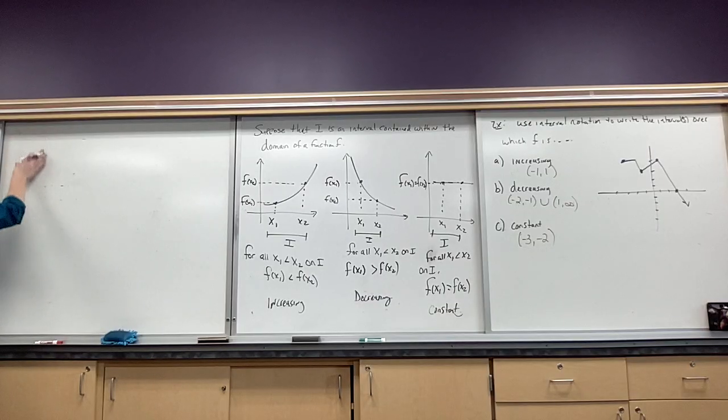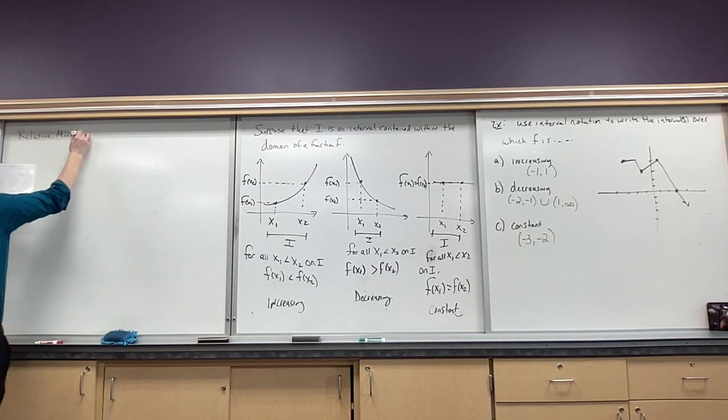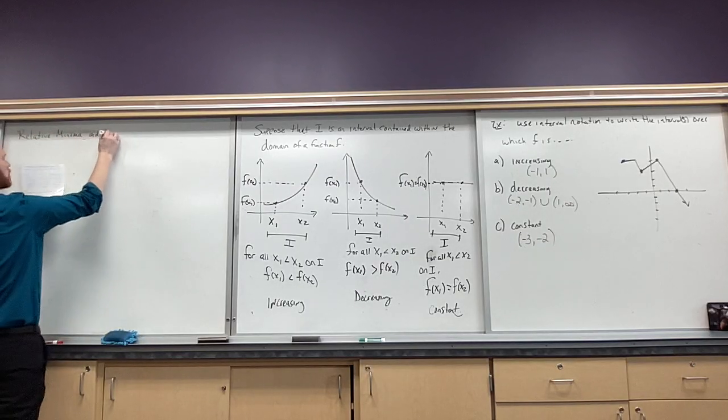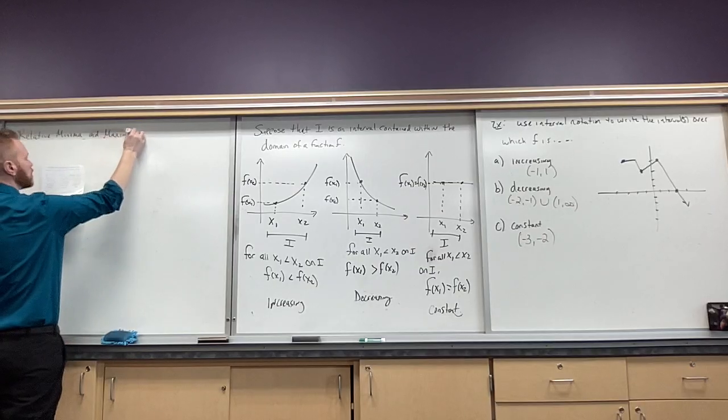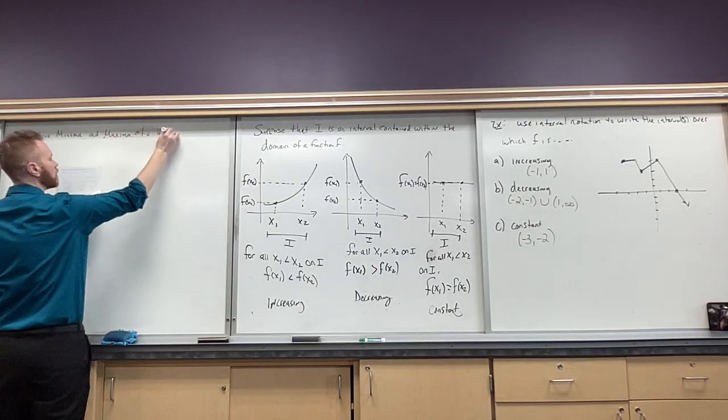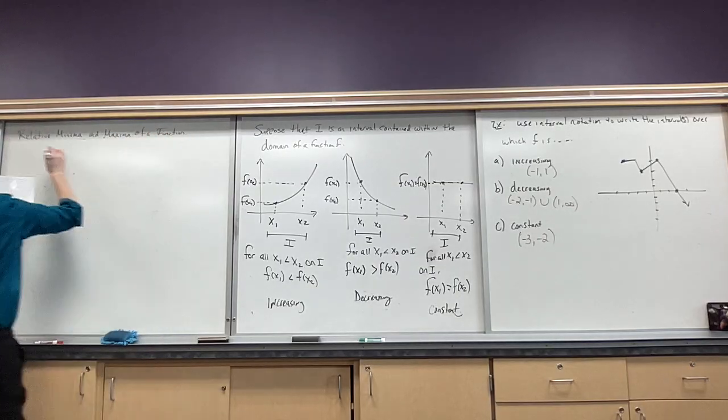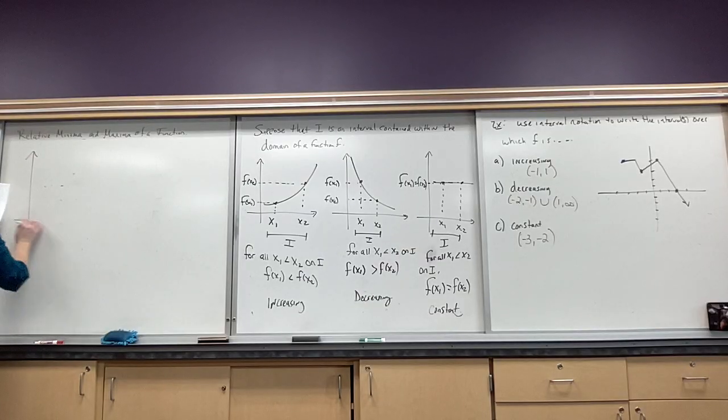But it would be nice if I had a title, so let me put the title up first. Now we did talk about this in Algebra 2. So this should look relatively familiar for you.